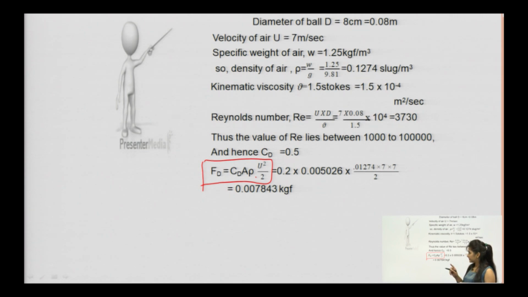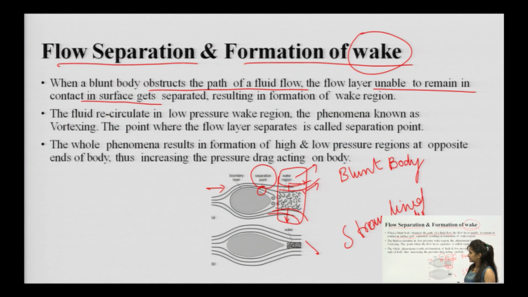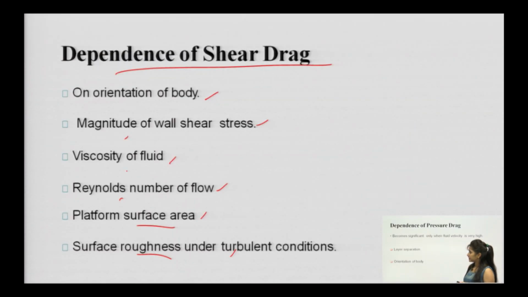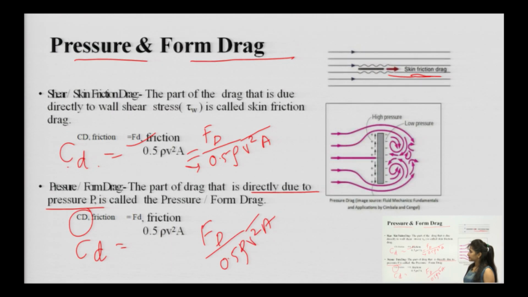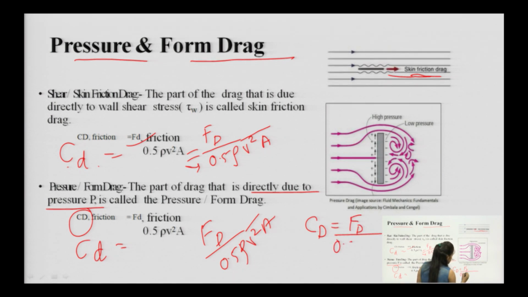We studied this in the very early phase. The formula is CD equals FD, the force due to drag, divided by 0.5 rho A u square. So, this is given to you.